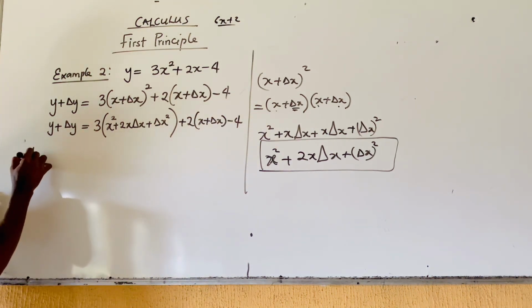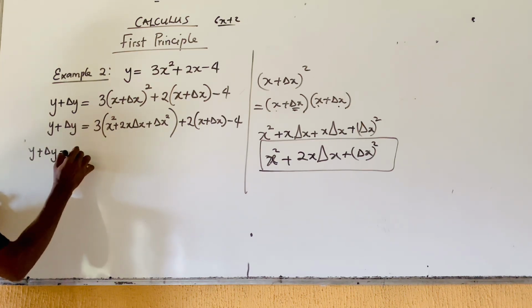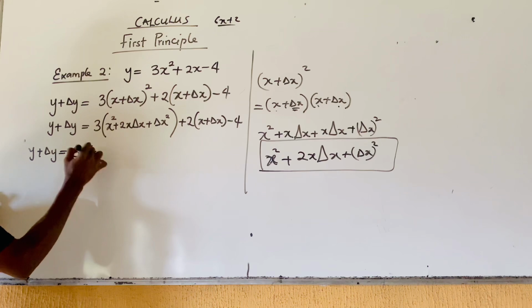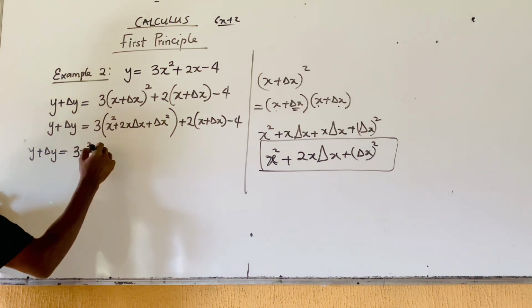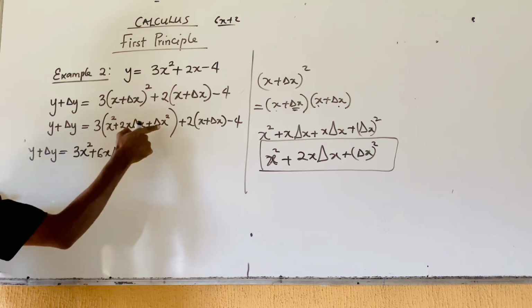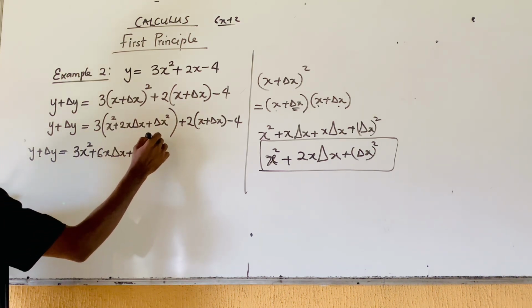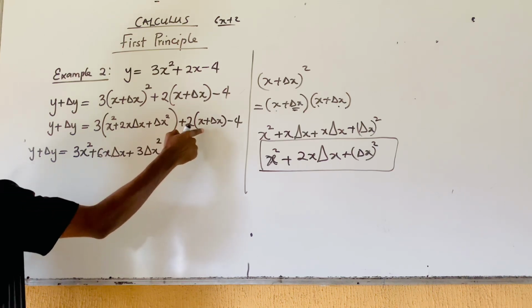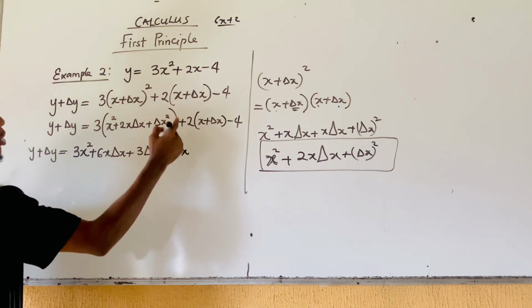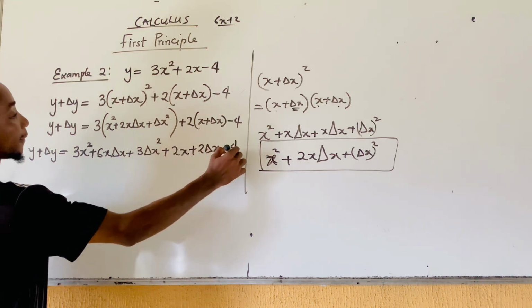Okay, now let's expand the bracket here. 3 times x squared, 3x squared. 3 times 2x change in x will give us 6x change in x. 3 times change in x all squared will give us 3 change in x all squared. 2 times x, 2x. 2 times change in x, 2 change in x, minus 4.